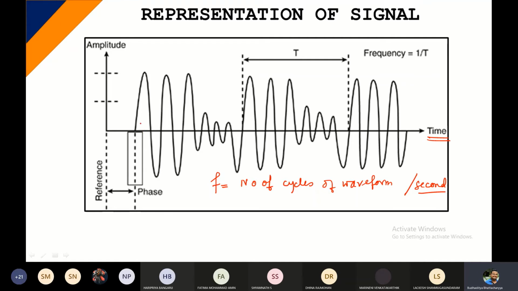This segment, till this point, is repeating over here as well, and similarly it goes on to the next segment. So frequency is the number of cycles of a particular waveform per second.